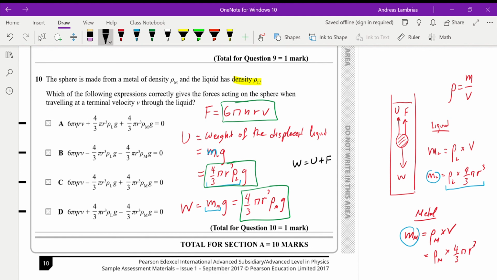Or if I move everything to the same side, it will be F plus U minus weight, and this should be equal to 0. So where do I see that? I see that in option D. So F is added to upthrust, and then the weight is subtracted.